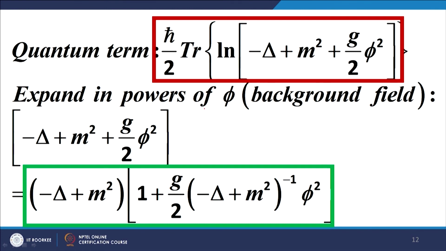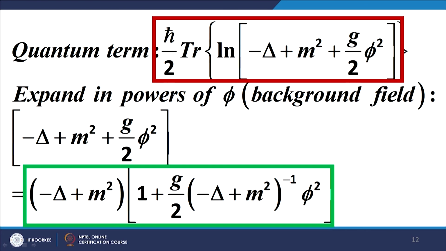We can expand this in powers of phi by the process which is given here. We take minus delta, where this triangle represents the Laplacian, so minus delta plus m square common, and we have the expression inside the square bracket in the green box.